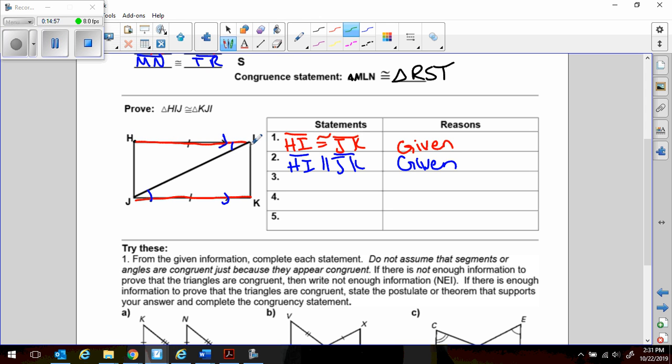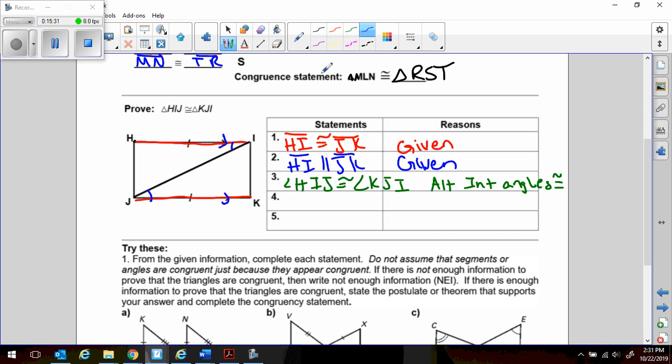So I'm going to use angle HIJ is congruent to angle, this angle right here, I need to use 3 letters, KJI. And my reason is that we know that they're parallel lines, so these are alternating interior angles. And I know alternating interior angles are congruent.